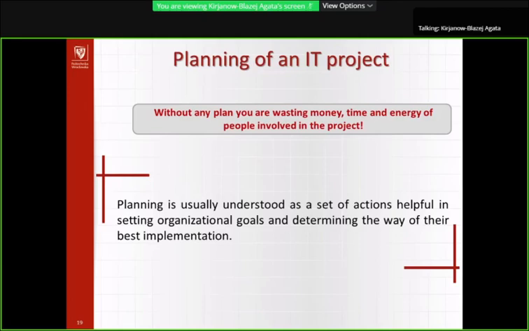Planning is usually understood as a set of actions helpful in setting organizational goals and determining the way of their best implementation. Planning is also an integral part of an IT project whose task is to achieve the project's objective with regard to its limitations.